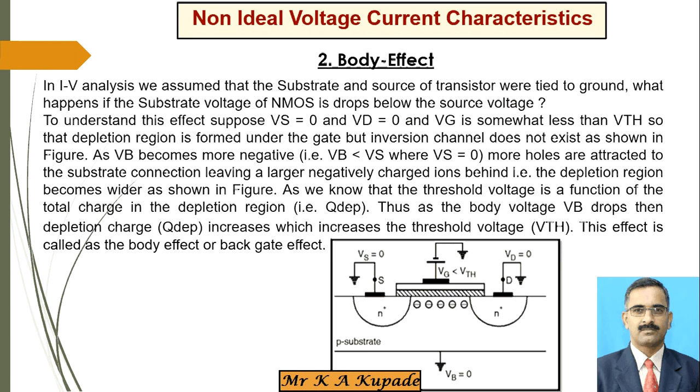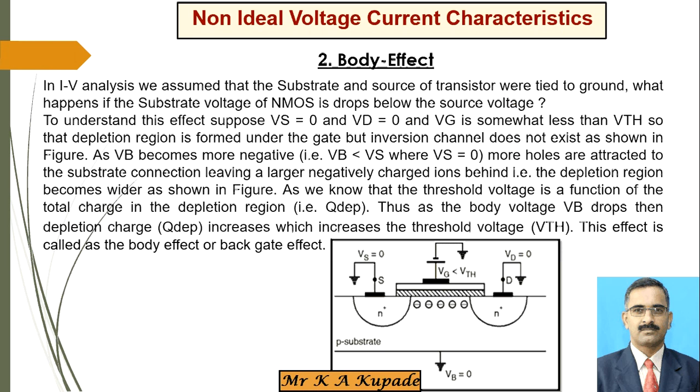Then there is one question: what happens if the substrate voltage of the NMOS is dropped below the source voltage? That means you are applying some negative voltage. What happens?